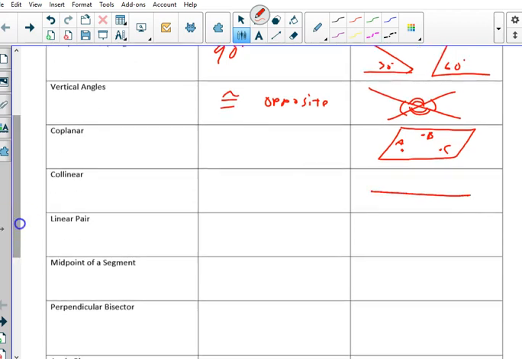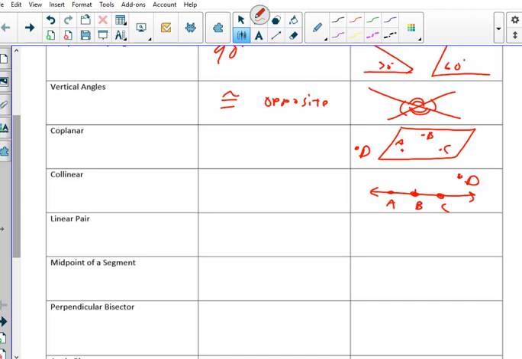Collinear means on the same line. Okay, it's like point D up here would not be collinear. Point D out here, if we were thinking three-dimensional space, would not be collinear.